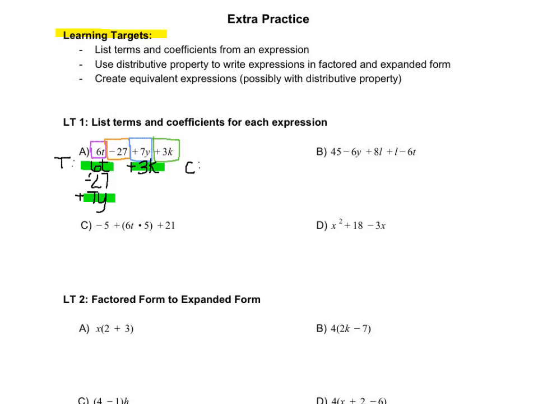So the three that I have highlighted are the three that I need to look at. If I've highlighted 3, that means I should have 3 coefficients. The number in front of the 6t is 6, so that's a coefficient. I have 7y, the number in front of the y is 7, so that's a coefficient. And then I have the number 3 in front of the k, so 3 is my coefficient.